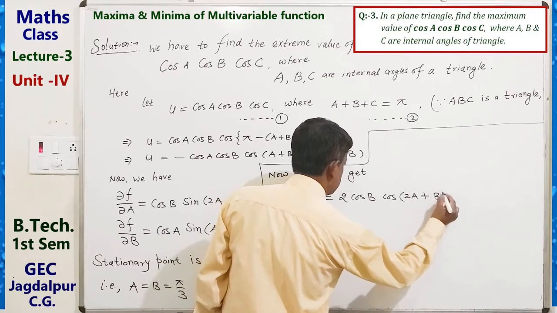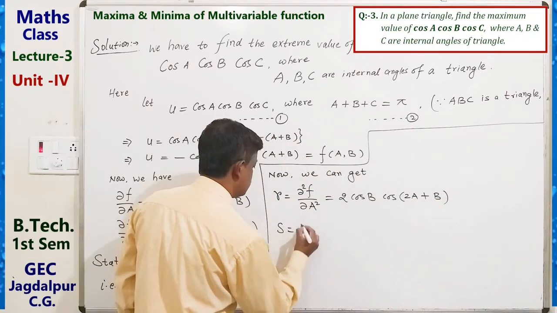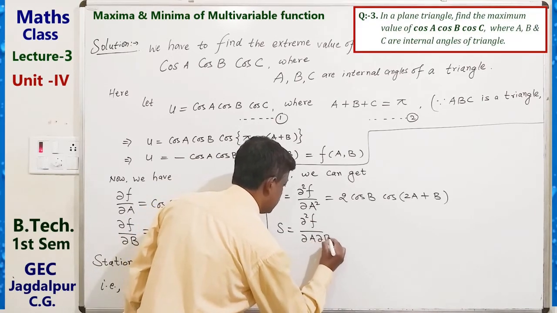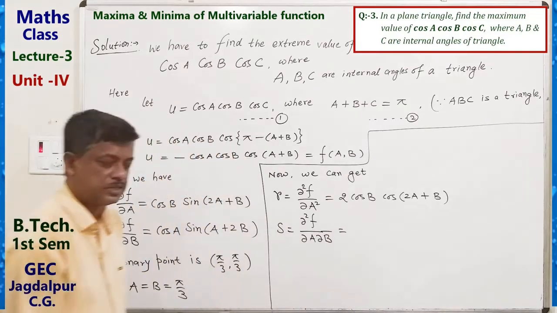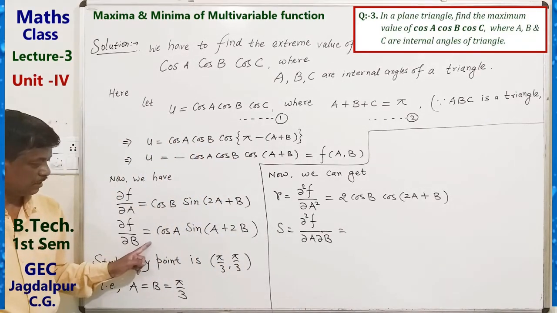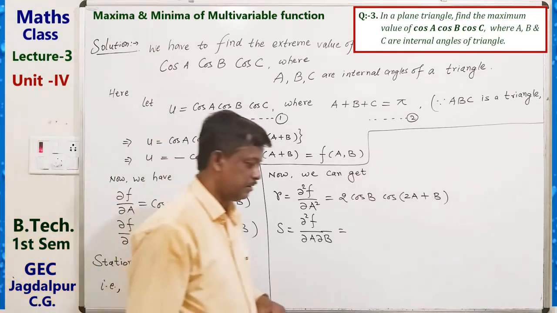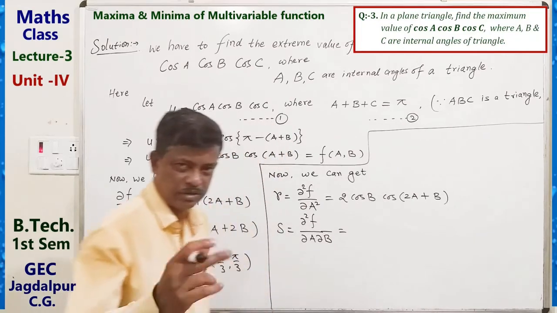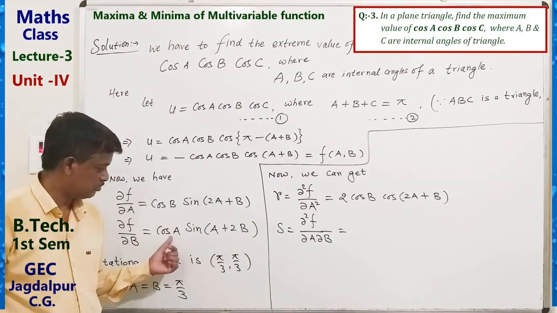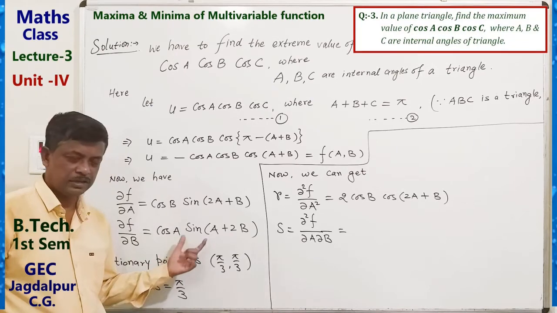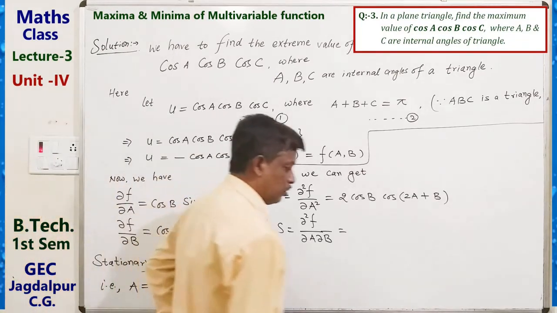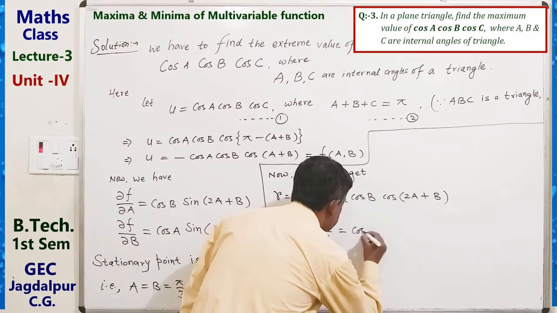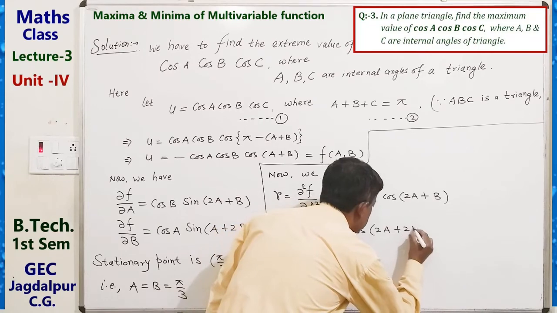And s equals del 2 f upon del a del b. We can differentiate it with respect to a, and then just you have to solve it. After differentiation, it is a function of product of two functions, and then using the cos(a + b) formula, it is cos(2a + 2b).